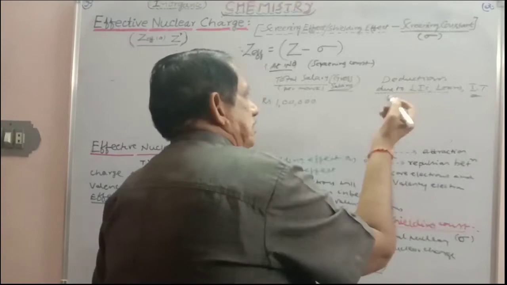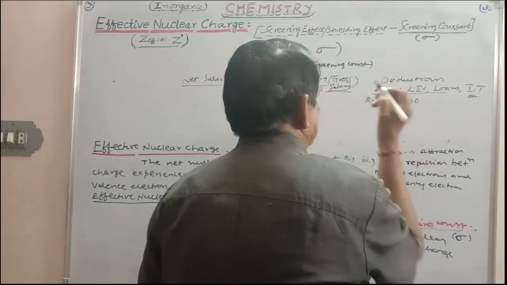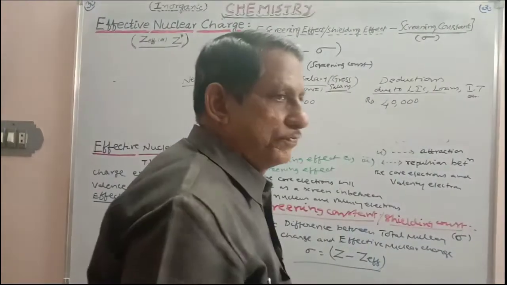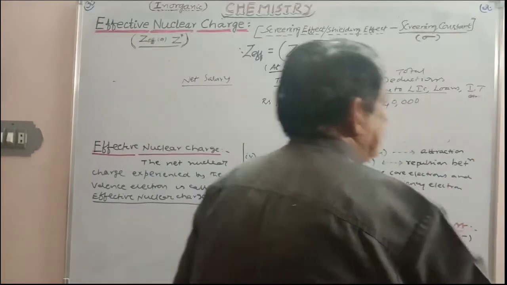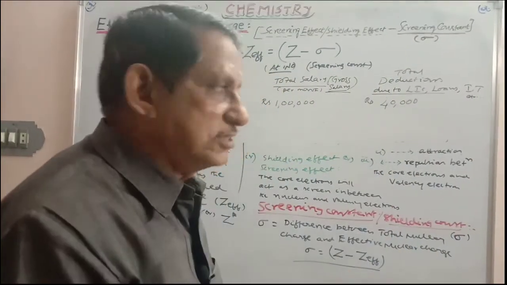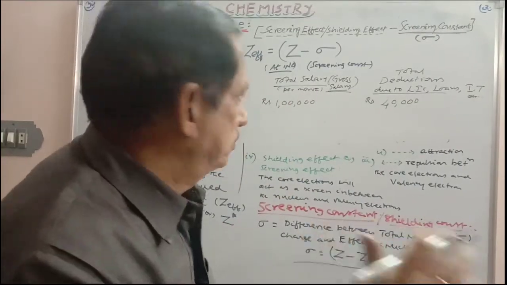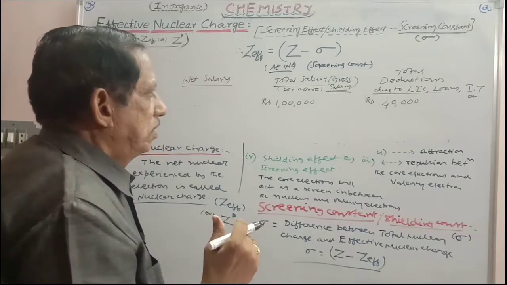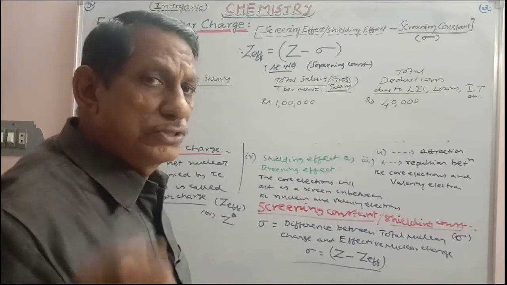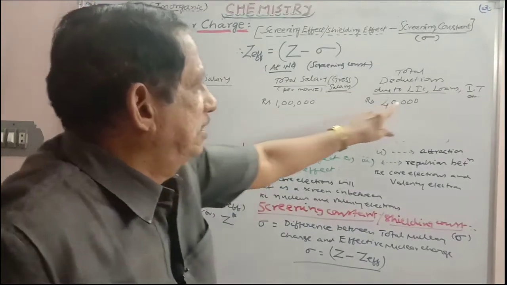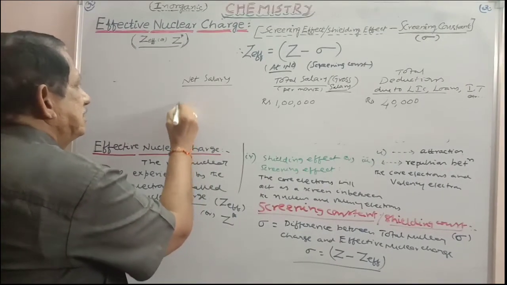And let us suppose that this is 40,000 rupees. This is the total deductions due to the loans, LIC policies, income tax, etc. 40,000 is being deducted from this amount. So what is the remaining balance? He is going to get 1 lakh minus 40,000. That is only 60,000.